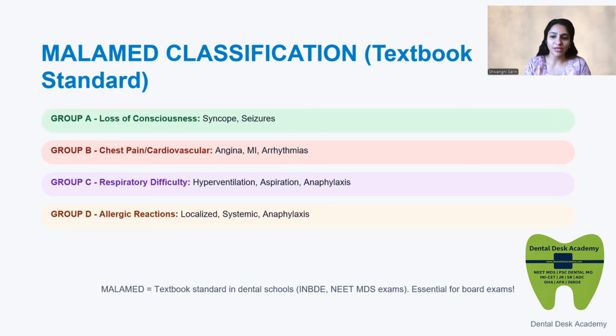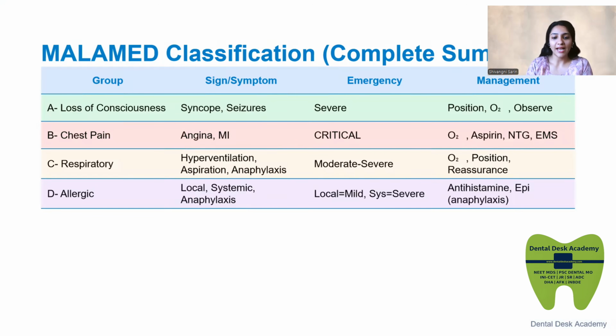Next, you have respiratory difficulty, which includes asthma, anaphylaxis, foreign body obstruction, and also hyperventilation. And last, you have allergic reactions, which are localized or systemic, such as anaphylaxis. Again, this is a more critical and complete summary of the classification under Malamed.